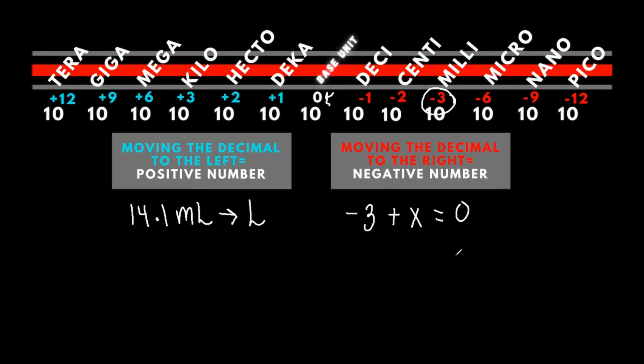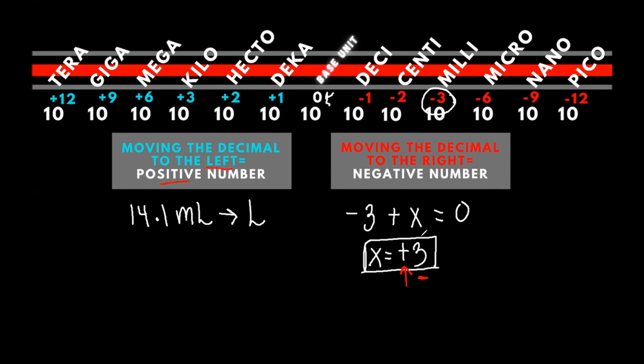Then you're going to go ahead and solve for x, and your final answer is going to be positive 3, right? So you know that you have to move the decimal 3 times to the left, right? Left, positive.